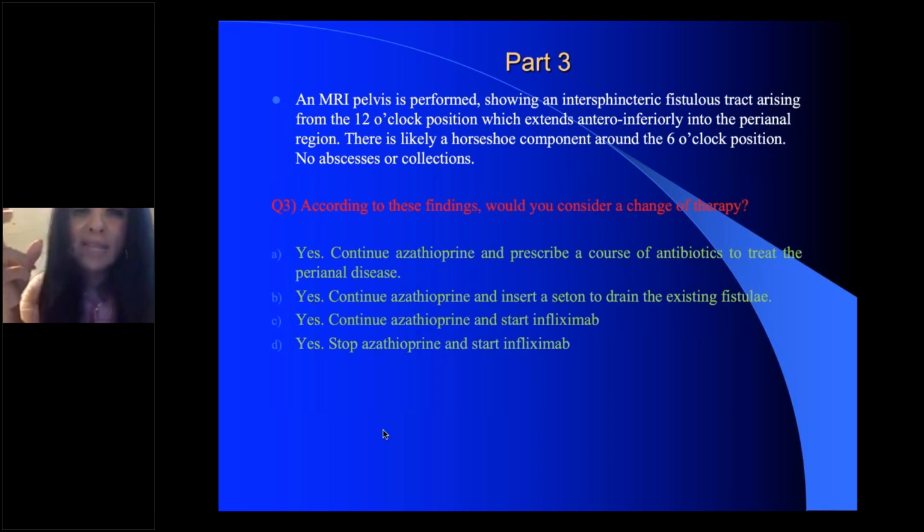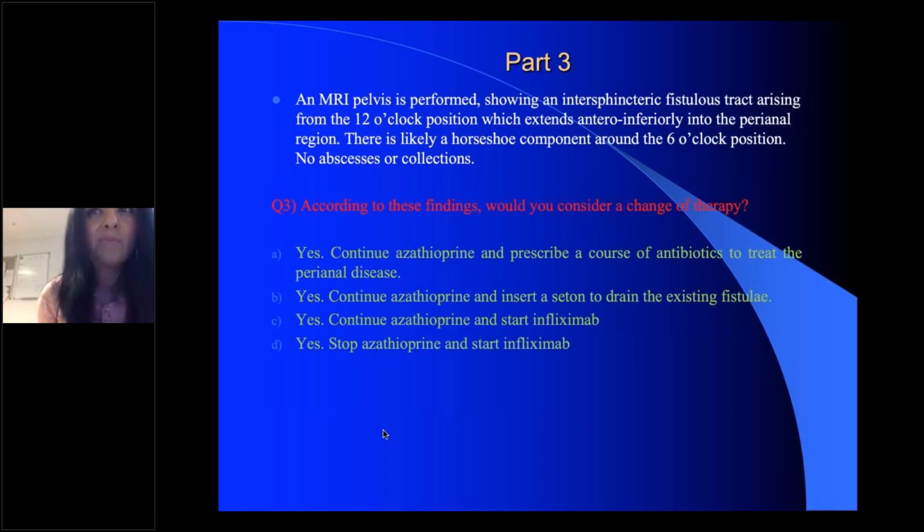So actually you then come to option B, which some of you said: continue azathioprine and insert a seton. Now this is where that MR pelvis is really important. There's nothing to drain. He doesn't have an abscess, he doesn't need a seton, he doesn't need surgery. So I would say A and B are definitely the wrong answers, which is why I was really happy when somebody gave me the answer C, because this is 100% right. He has a complicated fistula, so azathioprine on its own is not going to close this fistulating tract. He needs to commence infliximab.